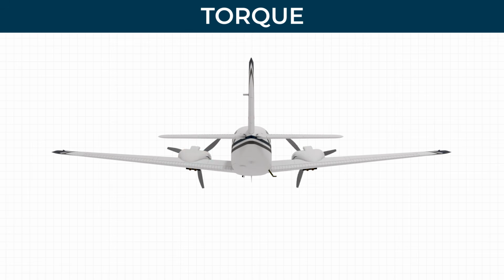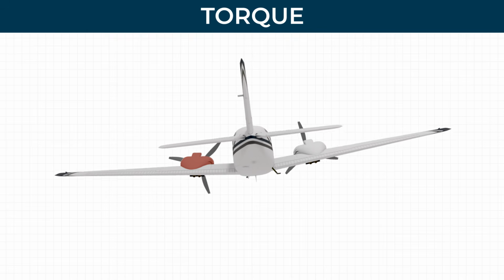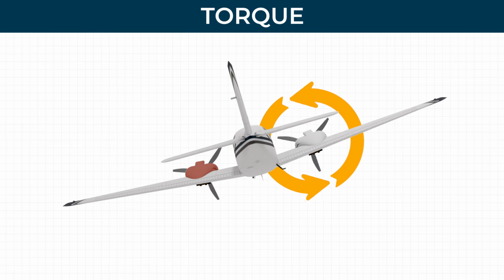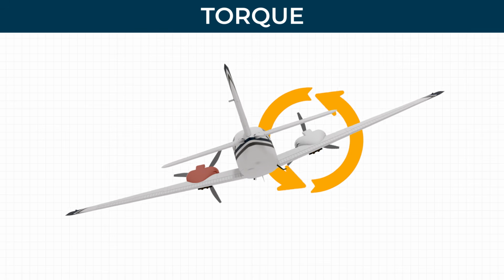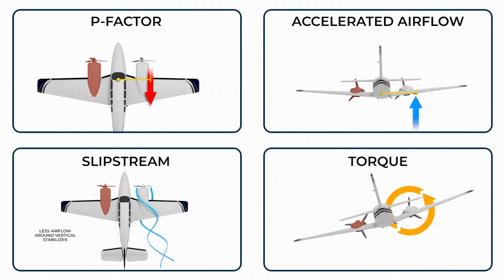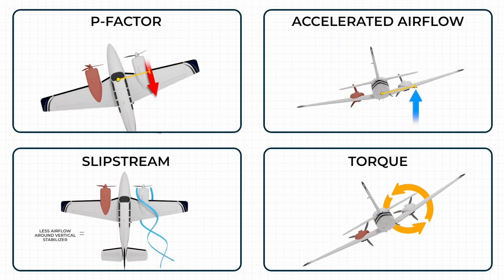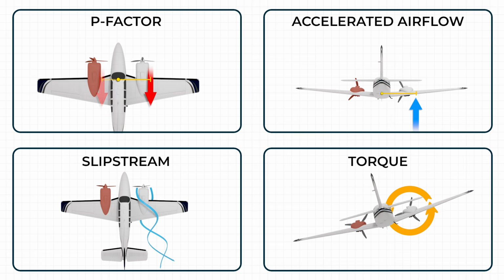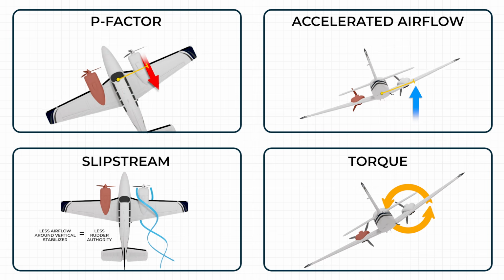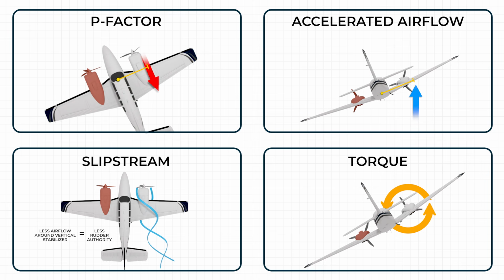If the left engine fails, the aircraft yaws and rolls left. The torque from the right engine acts in the same direction, so it actually encourages the roll. All of these things acting together makes it much less desirable for the left engine to fail. And that is why the left engine is the critical engine.